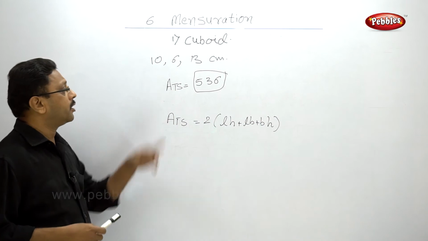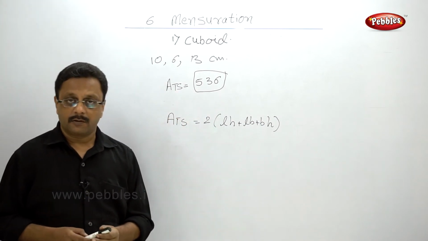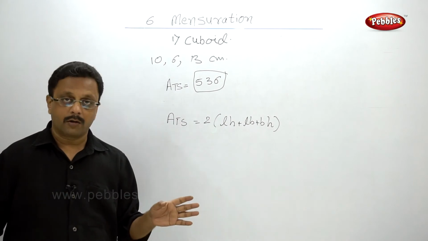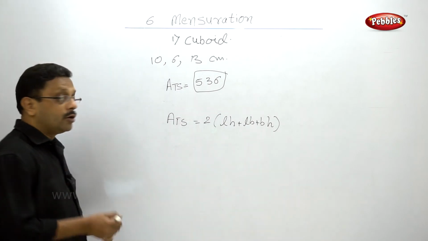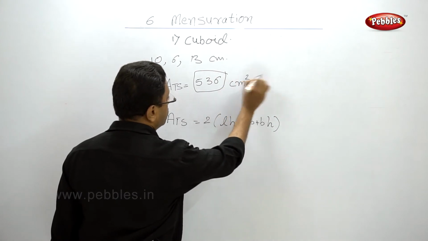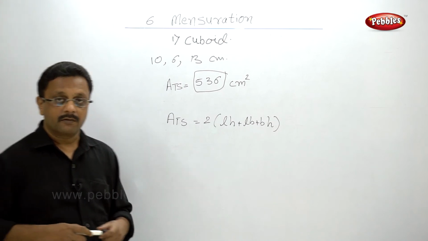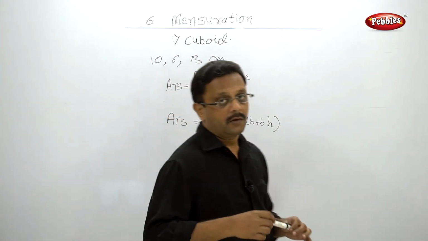And if your answer for the total surface area is just 536, it is wrong. Why? Because you have not written 536 centimeter square. If the unit is missing, your answer is wrong.